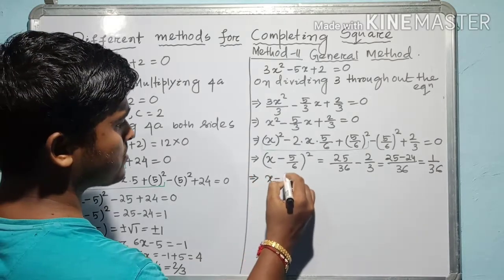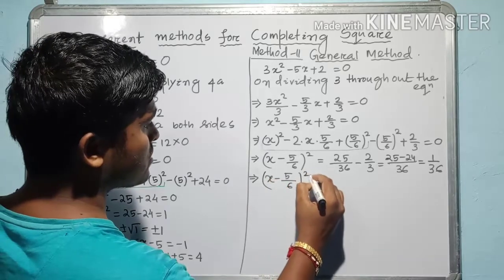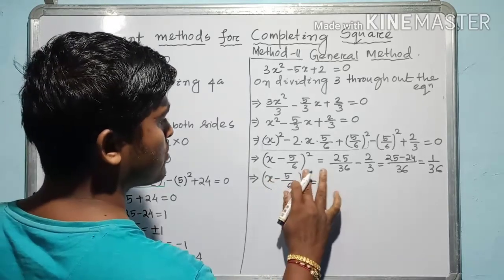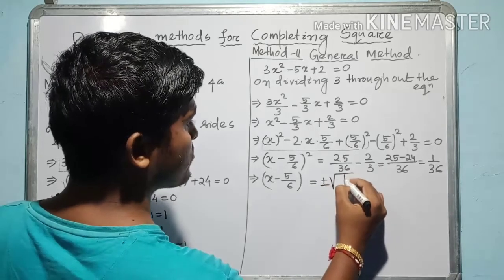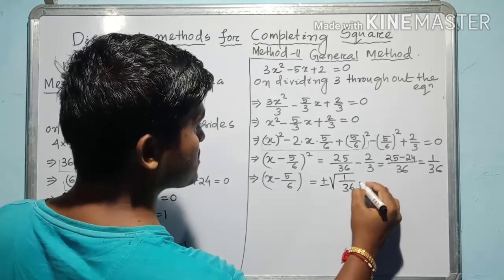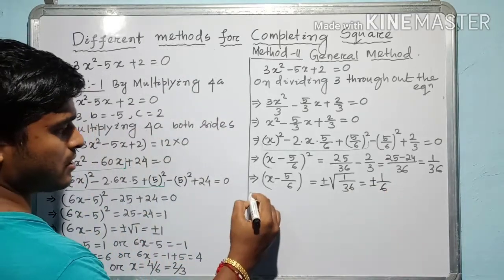This implies that x minus 5 by 6 whole square is equal to 1 by 36, so x minus 5 by 6 is plus or minus 1 by 6.